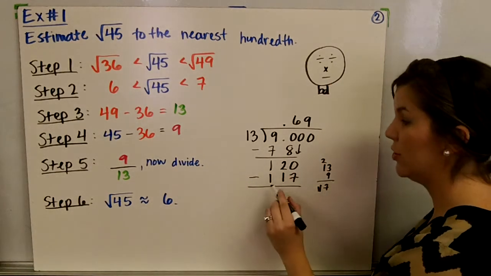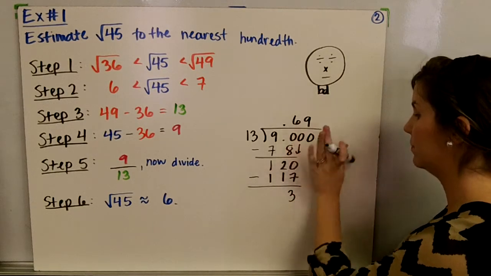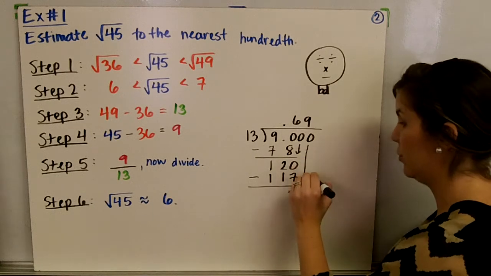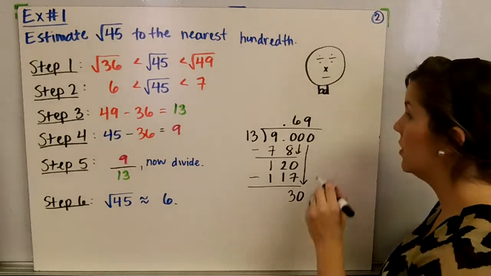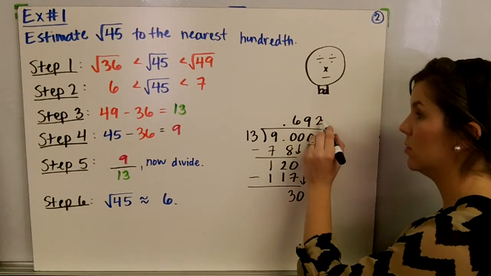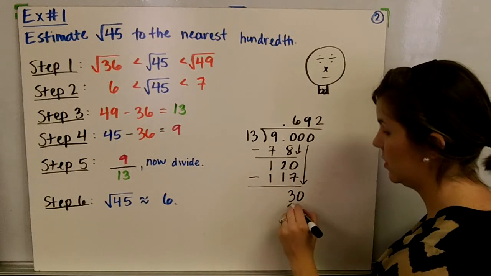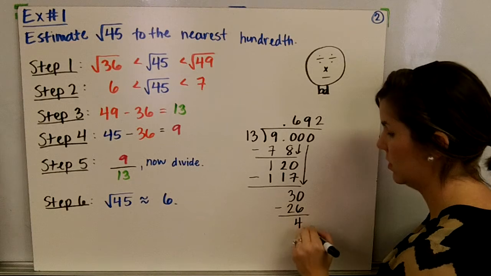Subtract. 120 minus 117 is 3. Then bring down. So bring down another 0. 13 goes into 30 2 times. Now multiply. 2 times 13, 26. Subtract.